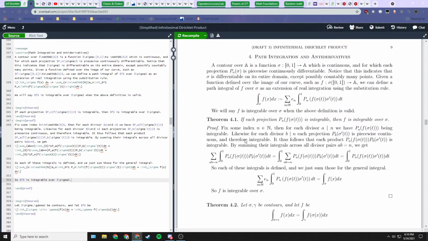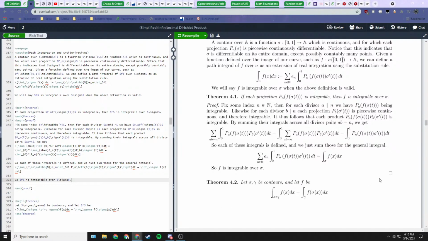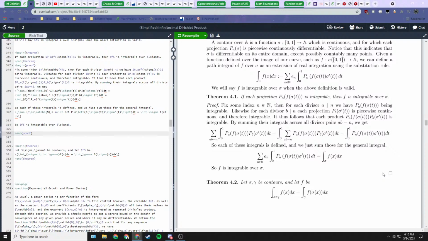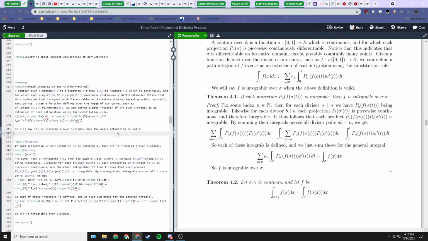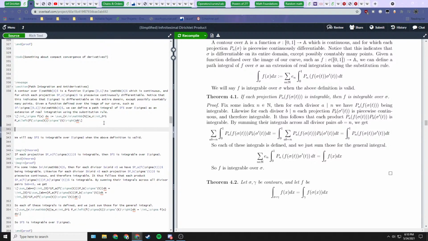Something else we can do, so we've defined the integral in this weird way with this summation. We can analyze this a bit more. Actually, we can make a note here. Actually, I guess we can make it here first.